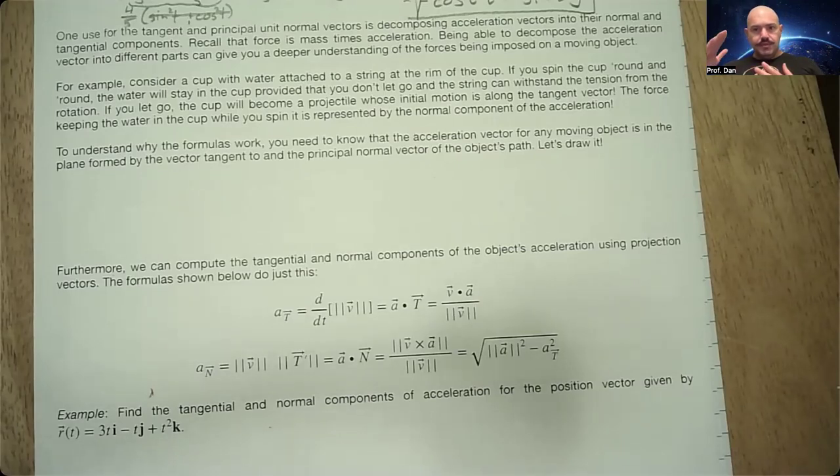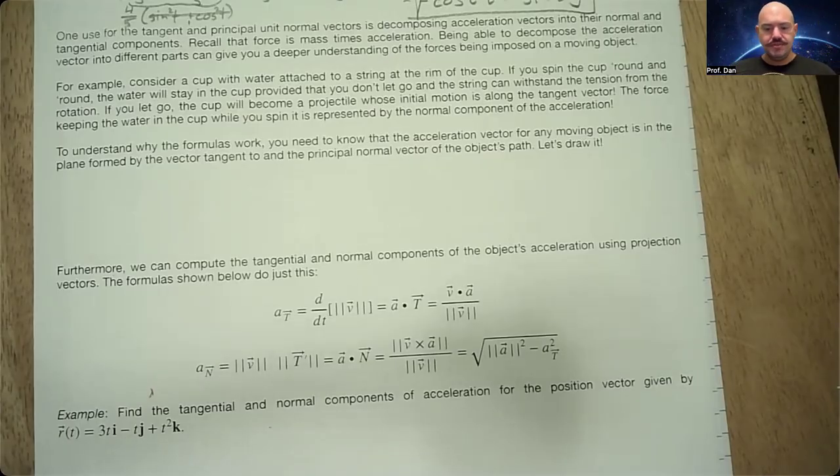In particular, it's always perpendicular or orthogonal to the tangential vector that we just talked about. In physics, you would learn that that's called centripetal force. And being able to decompose our acceleration like we're about to allows us to quantify the centripetal force.